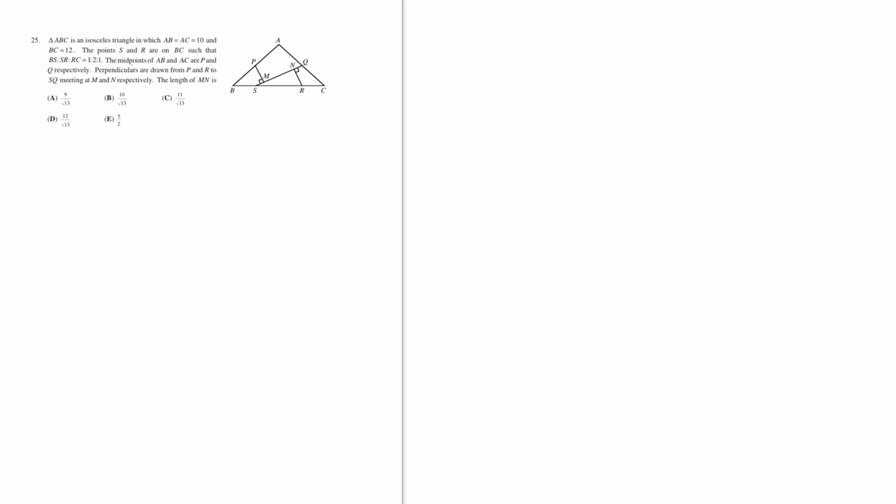The midpoints of AB and AC are P and Q, respectively. Perpendiculars are drawn from P and R to SQ, meeting at M and N, respectively. The length of MN is.